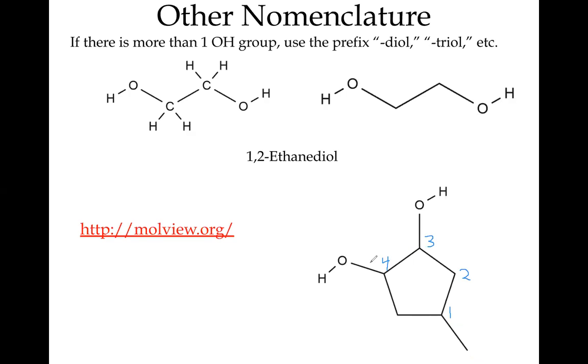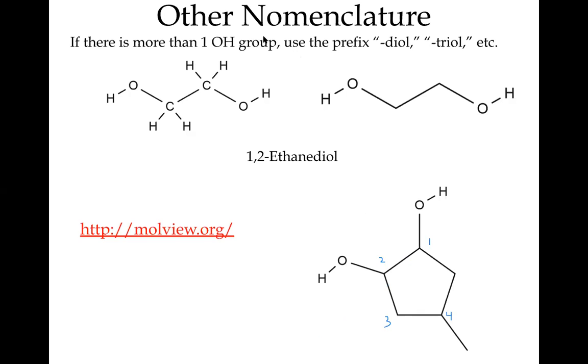And we don't want that because 1, 2, 4 has overall lower numbers than 1, 3, 4. Okay, so no, not right. We're going to number it 1, 2, 3, 4.